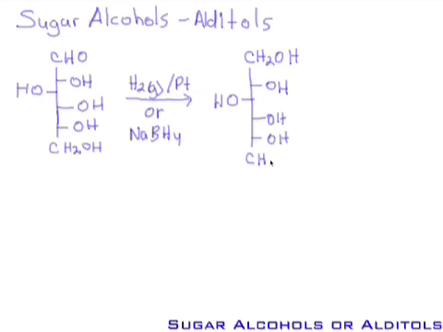And the alcohol that we produce from D-glucose is called D-glucitol.